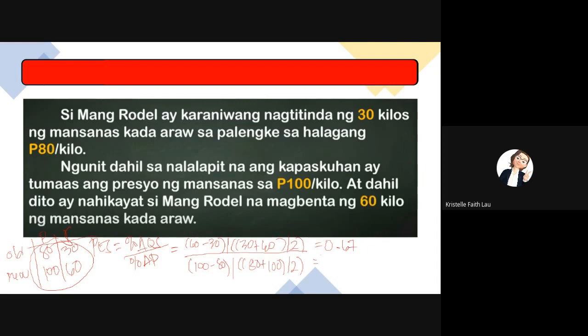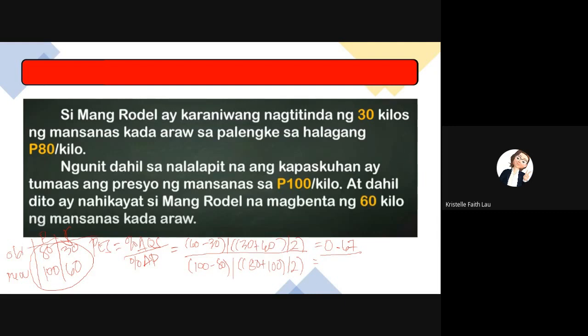So lagyan natin ang division dyan. The next is the percentage change in price. So we have 100 minus 80. Then divide natin siya. Then dalawang close parenthesis, 80 plus 100, close parenthesis, divide sa 2 and close parenthesis.